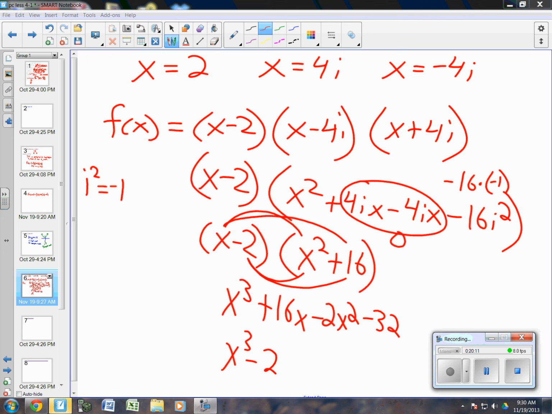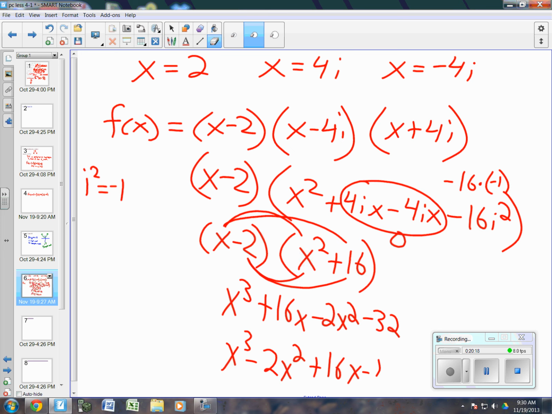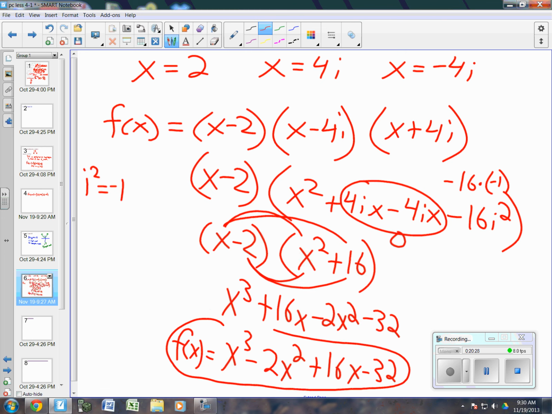So my negative 2x squared becomes second, plus 16x minus 32, right? And right here, you guys, is my polynomial function of least degree. That polynomial would cross the x-axis at 2, and then it would have two solutions that are imaginary.